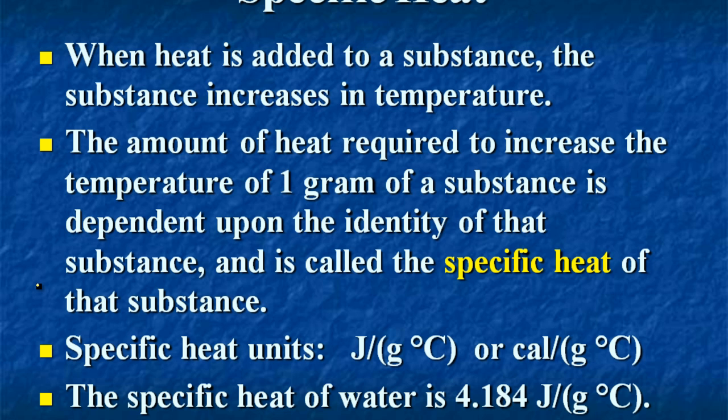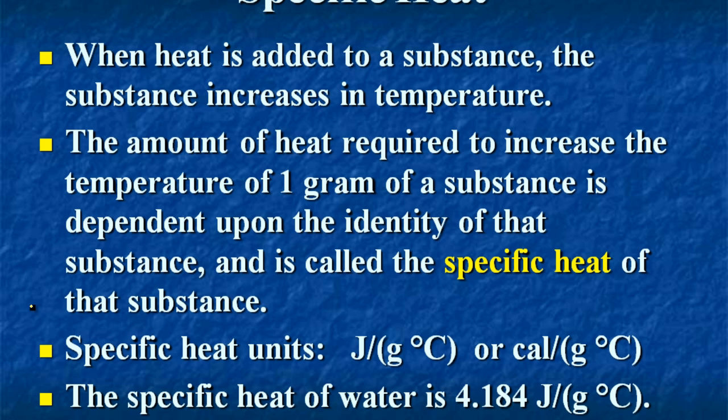So we have seen this word before, specific heat, when we did the calorimetry lab. Specific heat is defined as the amount of heat required to increase the temperature of 1 gram of a substance by 1 degree Celsius. That is the definition of specific heat.